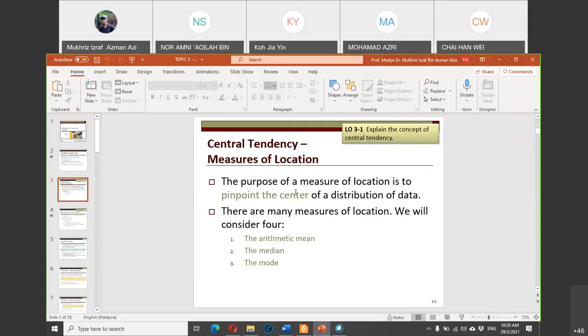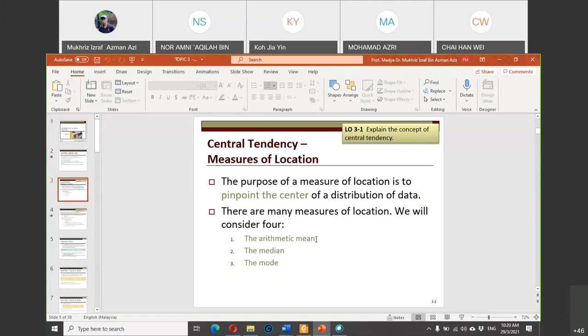Let's say you have 100 numbers. You want to know which number is in the middle of your distribution if you sort from lowest to highest. So central tendency is basically pointing at data in the middle of your distribution.